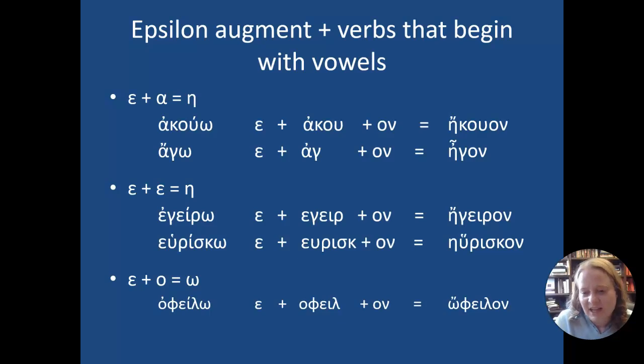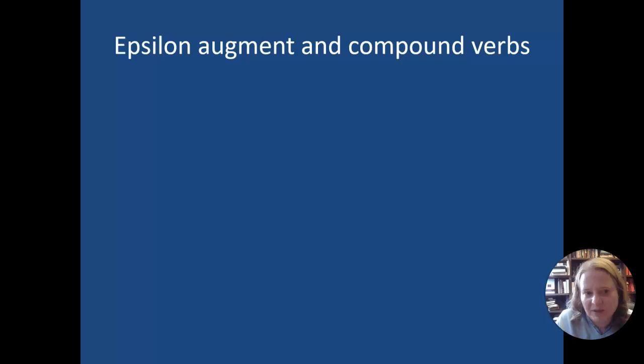Opheilon was I was being owed, or I was being indebted. It would be weird too. So you're going to see some words more commonly in certain tenses, and so you'll get used to them too. But that is something that can happen, is the front vowel can combine.